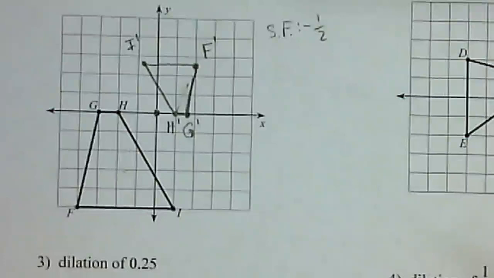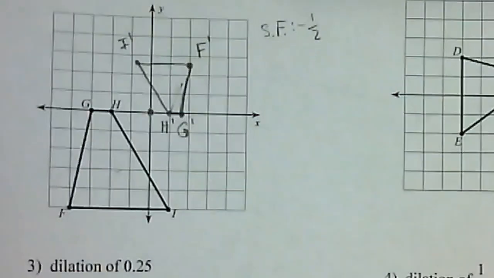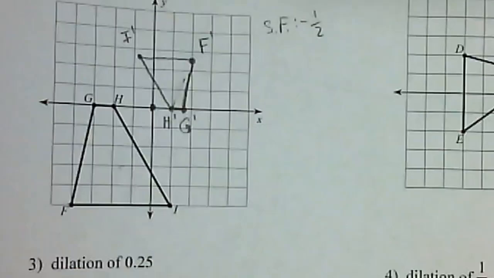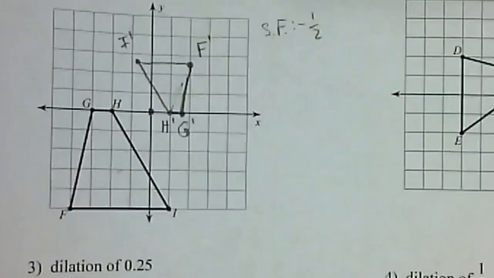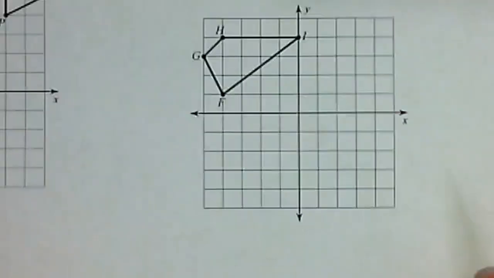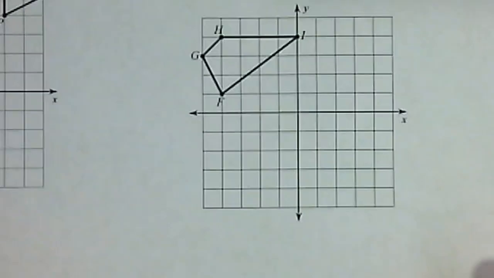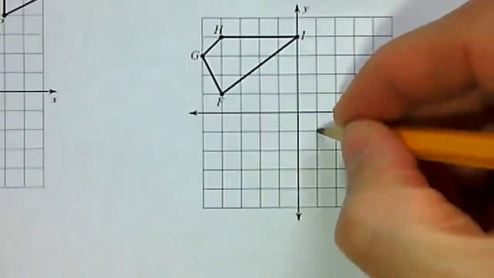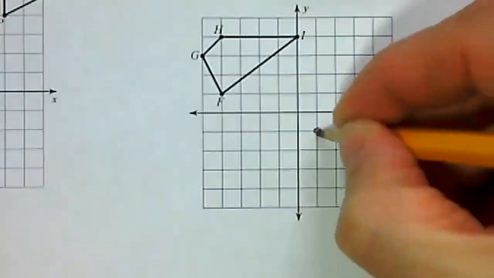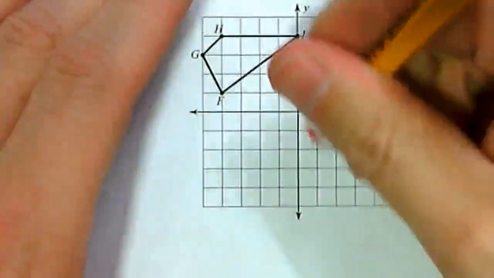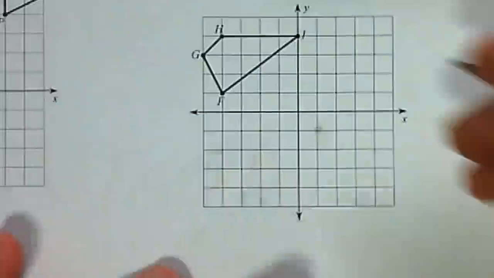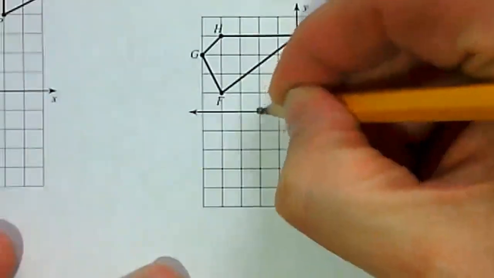If I'm going from a point that is not at the center, let's go down here and do this one. Let's go from this point by a scale factor of, whoops, I'm going to go negative. So let's use this point by a scale factor of -1/2.